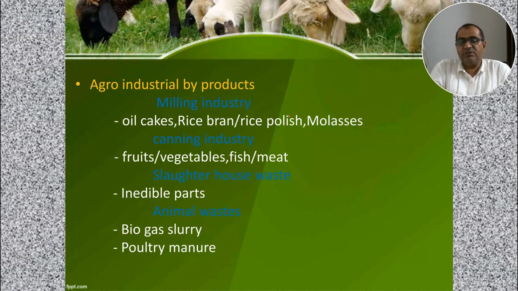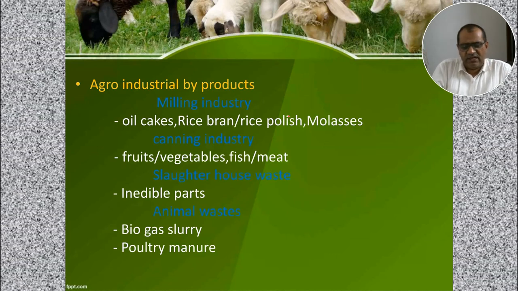All these things can be used, especially in the case of poultry feed or sometimes pig feed also. The slaughterhouse waste is also used as an alternative source of animal feed, like the inedible parts of the slaughterhouse, for example, the intestine, then the rumen contents, etc.